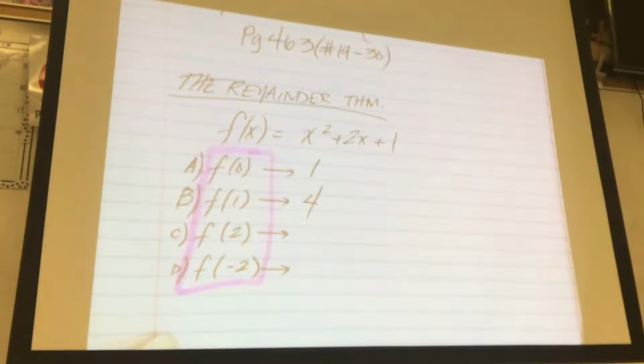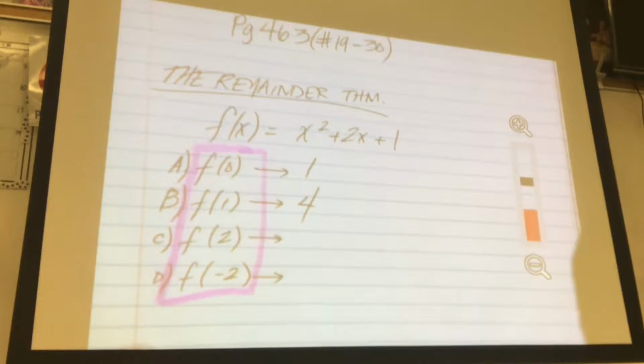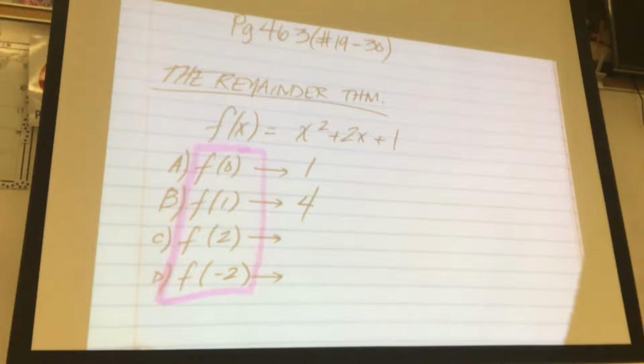Dylan, what letter are you? Jarrell, what letter are you? Sophia, what letter are you? D as in dog? Okay, what happens when you plug in -2, Ben? -1? What'd you guys get over here for letter D? 1? -7.